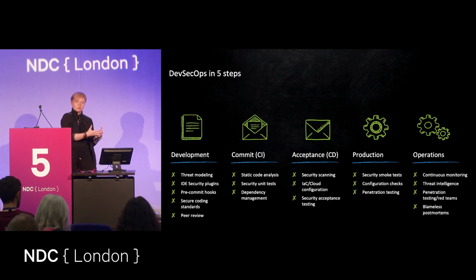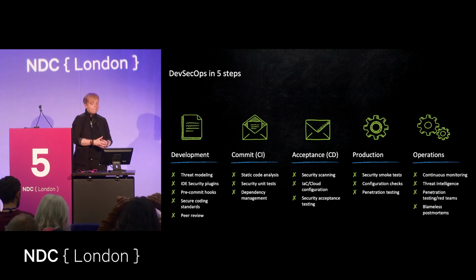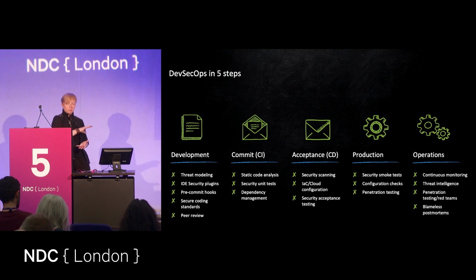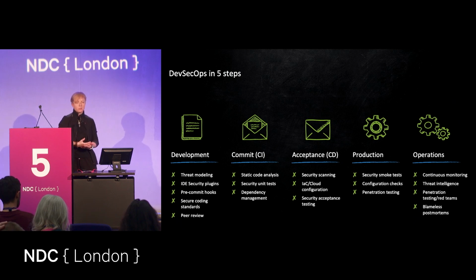This is where you integrate the process called threat modeling, and add on top some security plugins. Then you define the security coding standard. And once you're ready, you start to commit the code. And this is the most popular place where we see security tools, like dependency management, right?